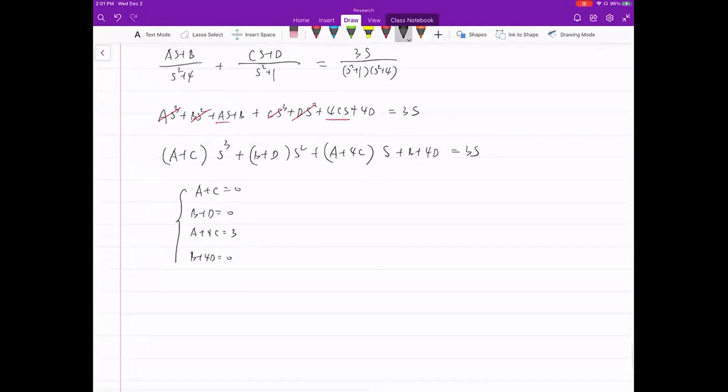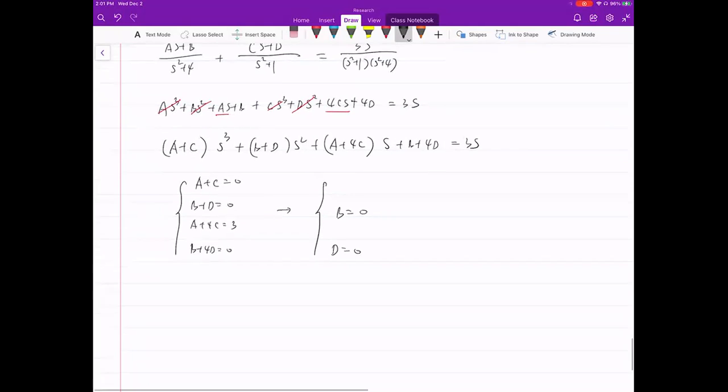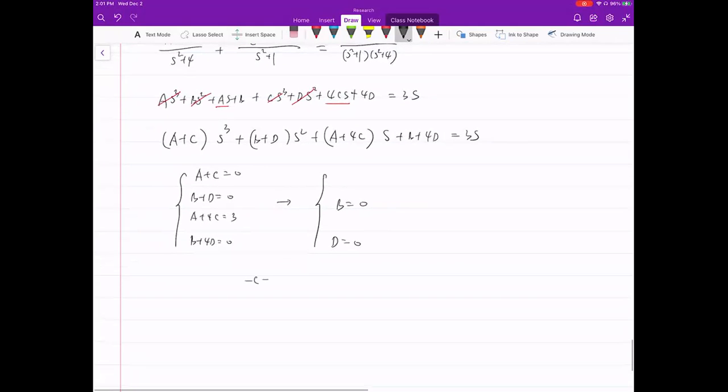Okay, this implies B plus D equals 0, B plus 3D equals 0. 3D is 0, so D is 0. But if D is 0, then B is 0. So far, so good. A plus C equals 0. A plus 4C equals 3. So negative C plus 4C equals 3. C equals 1. That gives me A equals negative 1.